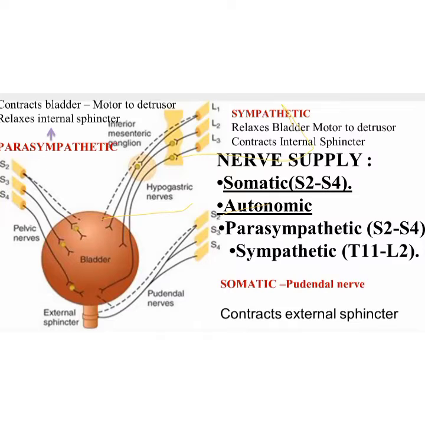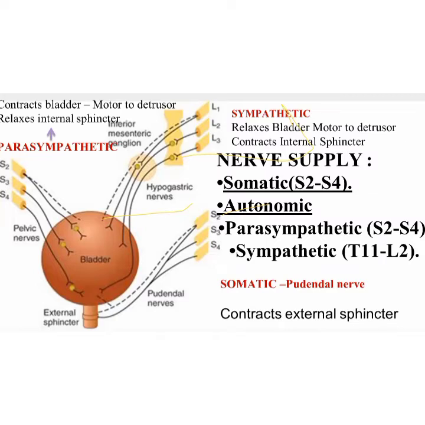So the bladder starts emptying. Now see what the sympathetic does: it relaxes the bladder and it is also motor to the detrusor. But in contrast, it is contracting the internal sphincter. So when voiding, that is emptying of the bladder, is complete, the sympathetic is activated.